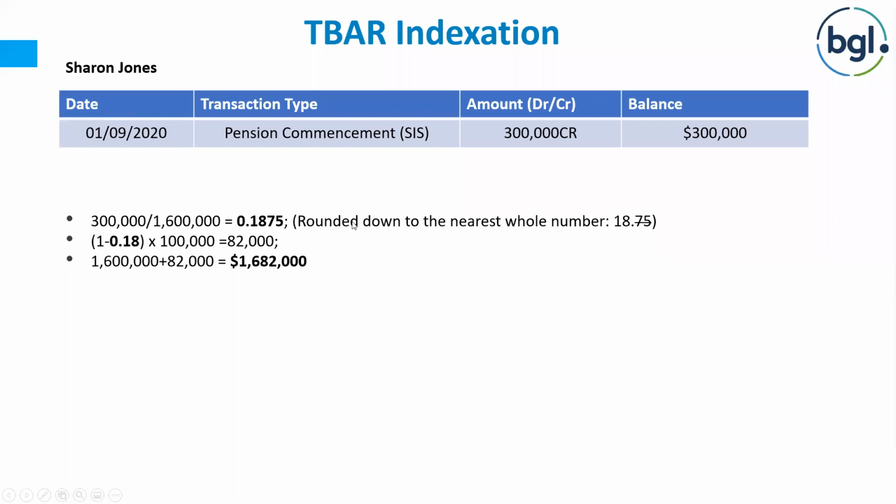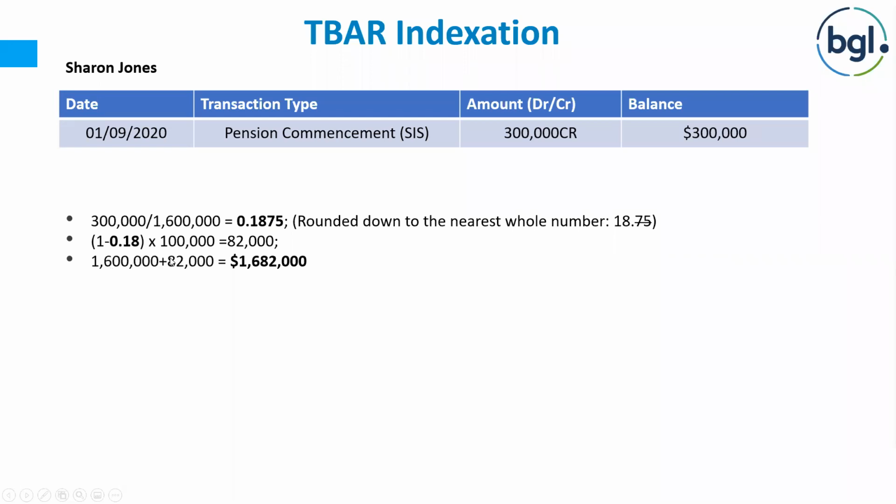You need to round it down, or essentially truncate it to the nearest whole number, which is 18. Then you need to get the unused portion, so you take it away from 1, and then multiply it by the 100K cap increase, which in this situation amounts to 82K.